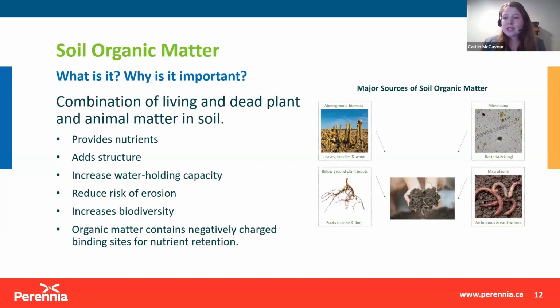And so this kind of encompasses your physical, chemical, and biological properties of your soil, whereas the soil test often really kind of focuses on that chemical piece. So soil organic matter is really the combination of living and dead plant and animal matter in the soil. These are the major contributors.